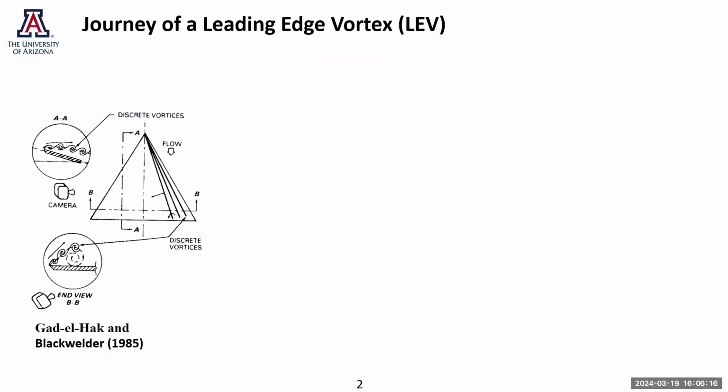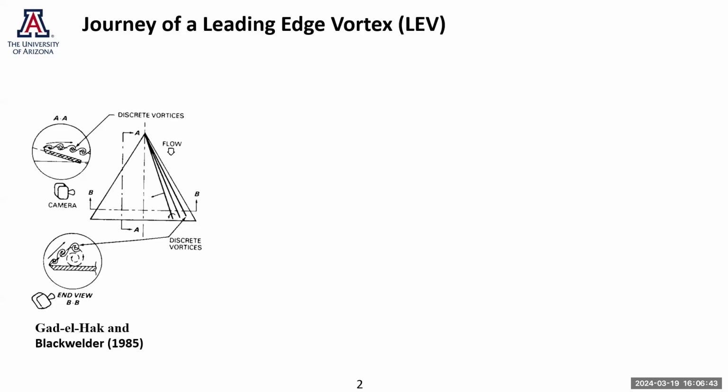So we begin with understanding what a leading edge vortex is. On a delta wing, particularly with a sharp leading edge, when the wing is pitched at an angle, there is a flow separation right from the leading edge. The flow separation behaves like a shear layer, and hence it forms Kelvin-Helmholtz vortices.